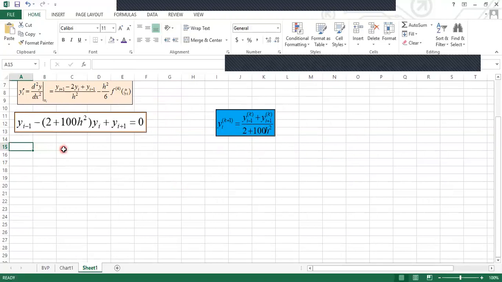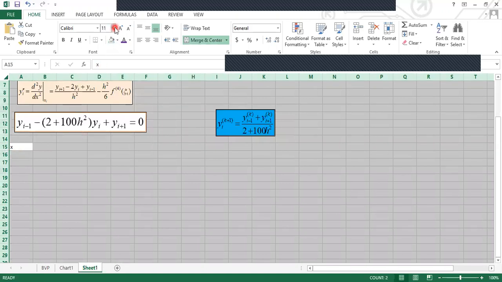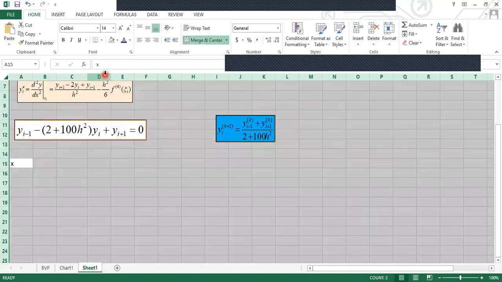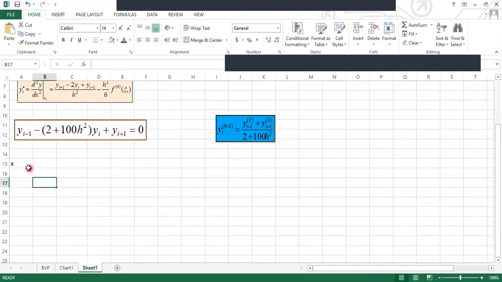So I generate the x values, from 0 with a step size of 0.1.